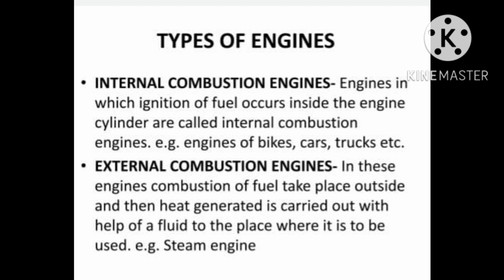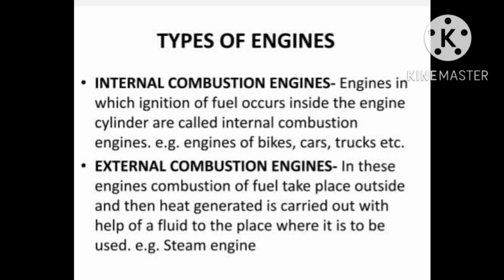In steam engines the steam is produced in boilers at some other place. Then that steam is given to the place where the turbine is kept, and it works on the turbine and power is produced. So these engines are known as external combustion engines.